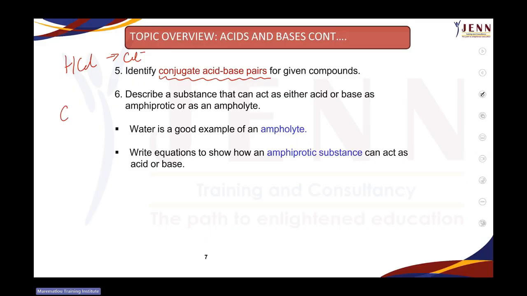If I have Cl minus and I tell you that this is a base, then its conjugate will have an additional proton, that will be HCl. A conjugate acid will have a proton more, and a conjugate base will have a proton less.